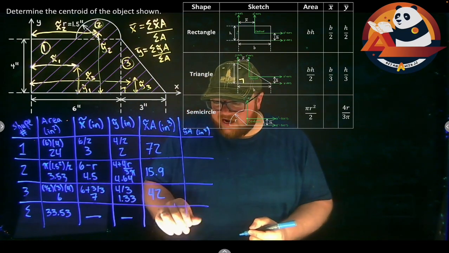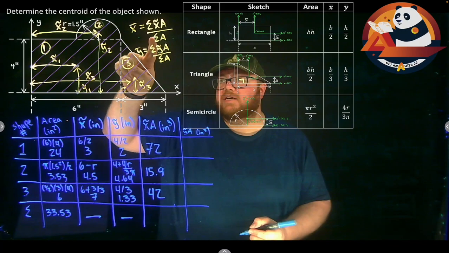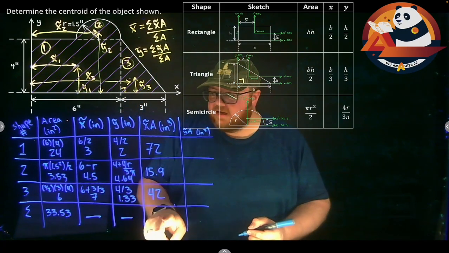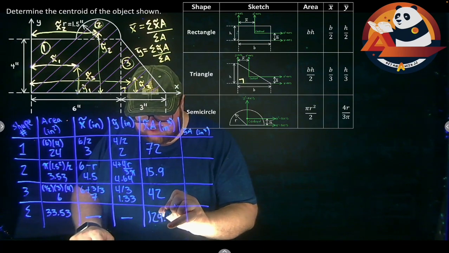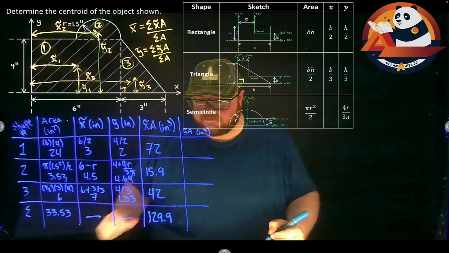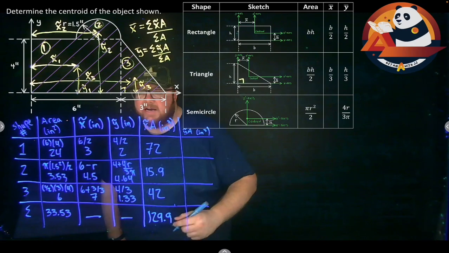And if we look in here, I do have in my equations a sum of my x tilde a. So let's add this all up. I get 129.9. And we'll repeat that for our y tilde a.